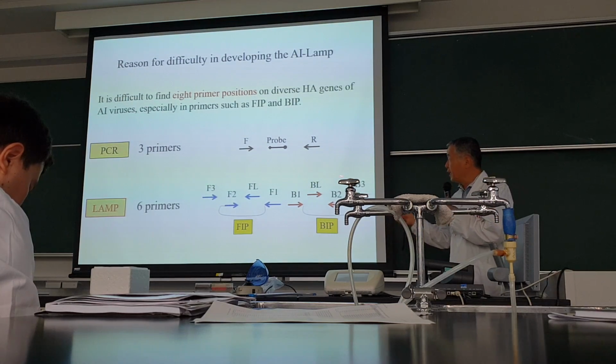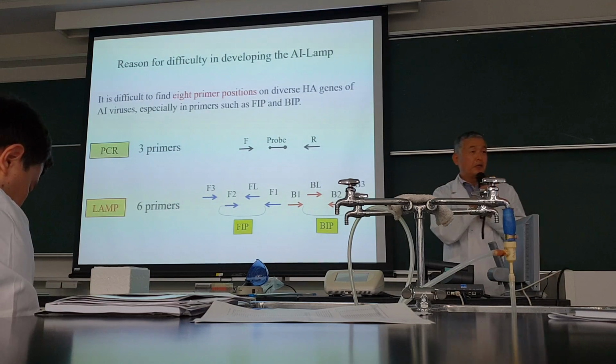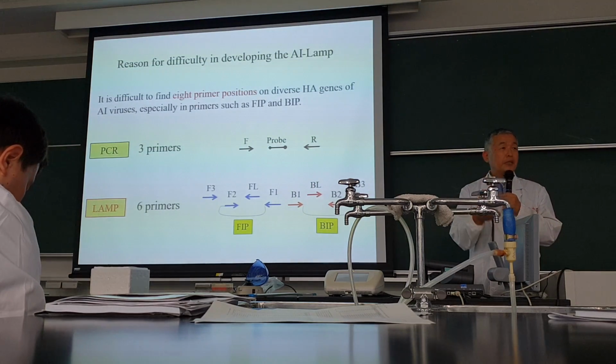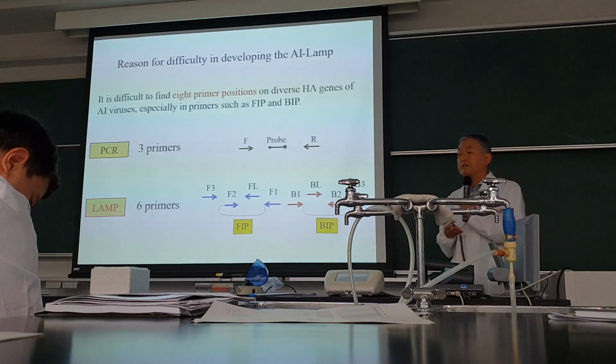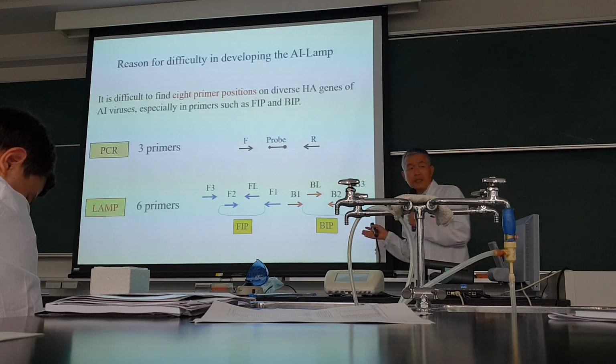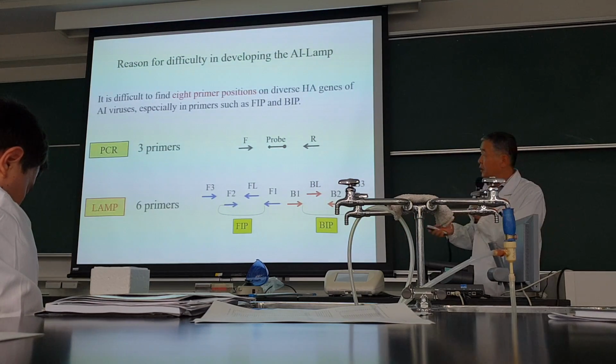And we also have to choose the subtype specific region when we develop the H5 specific or H7 specific test. That's why developing the LAMP test was not successful before.